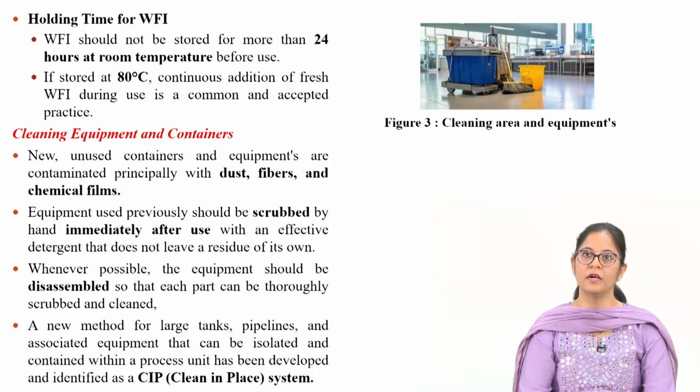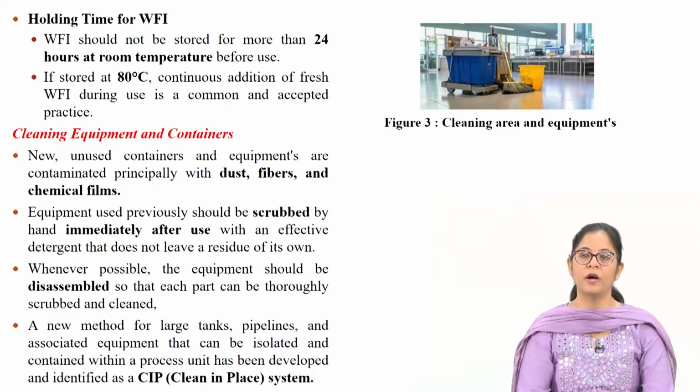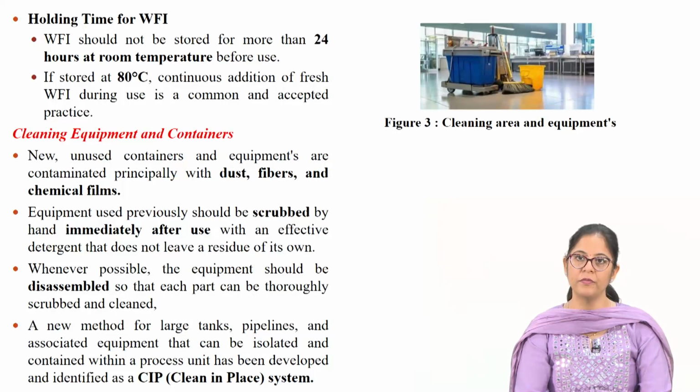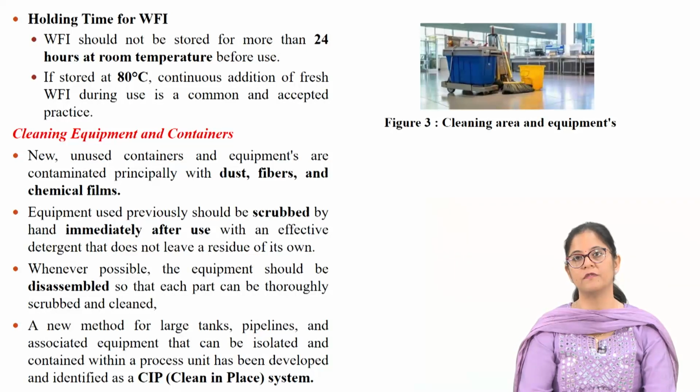Now, cleaning of the equipment and containers is also a mandatory step. New unused containers and equipment are contaminated principally with dust, fibers and chemical films. Equipment used previously should be scrubbed by hand immediately after use with an effective detergent that does not leave a residue of its own.